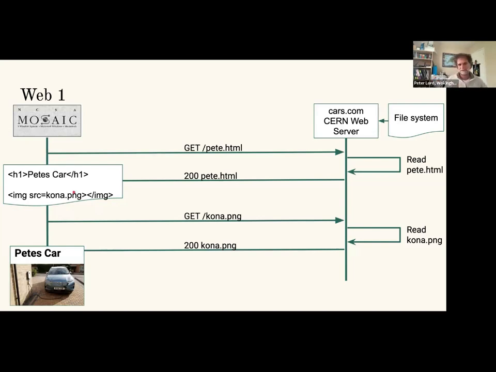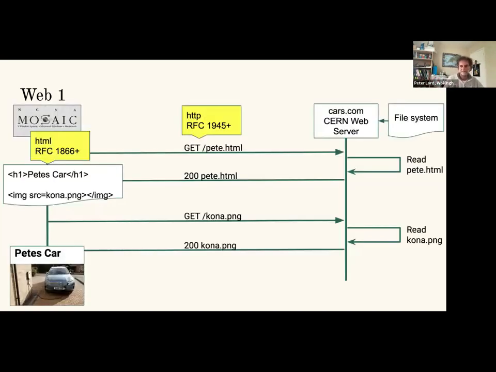Now, if we put some more labels on that, the protocol between the desktop and the server, HTTP, hypertext transfer protocol, is captured in standards. HTML, hypertext markup language, the format of the text, is also captured in standards. So very simple, very straightforward.